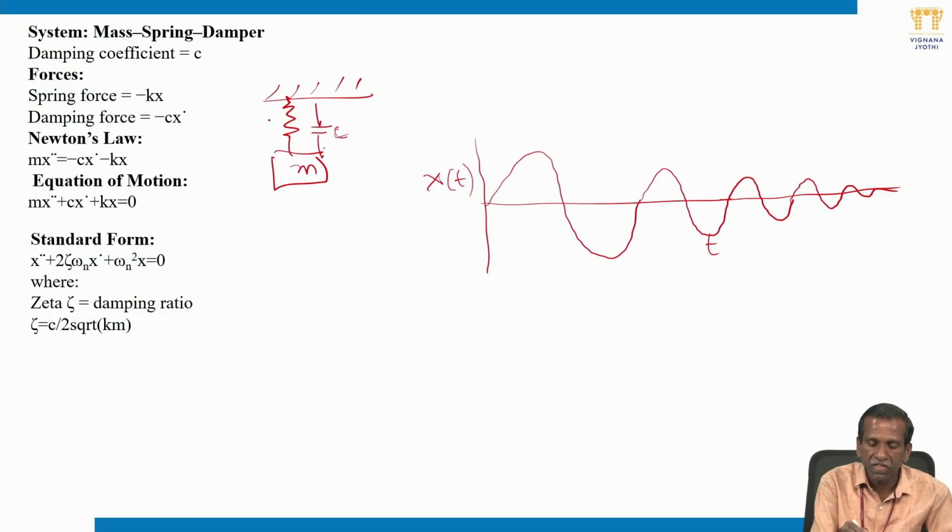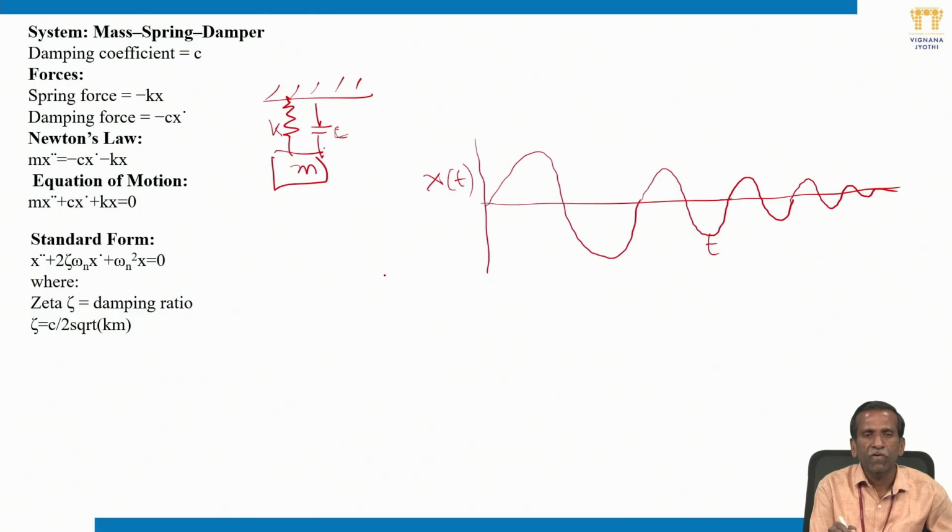Damping coefficient C, spring stiffness K. These are properties of that object that has some mass. For this we have seen the relation. The equation of motion is m x double dot plus c x dot, where x dot is velocity corresponding to displacement x, plus kx equals zero.